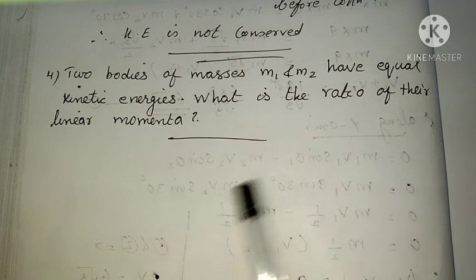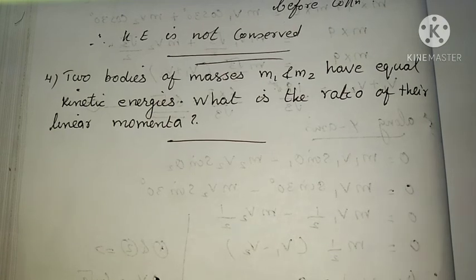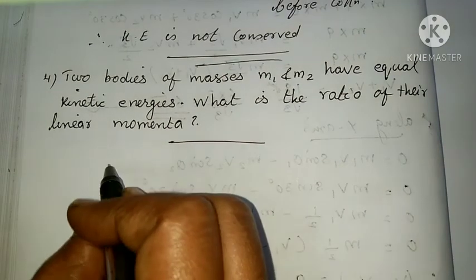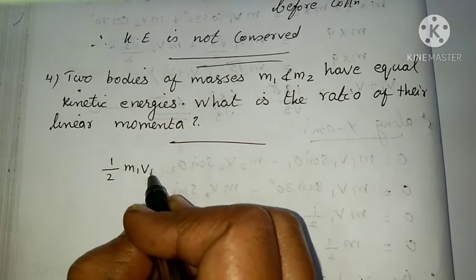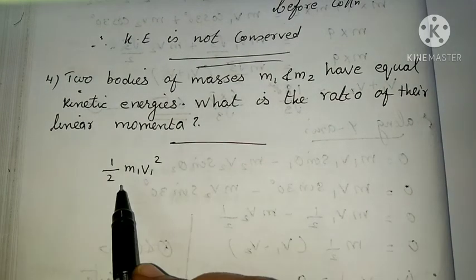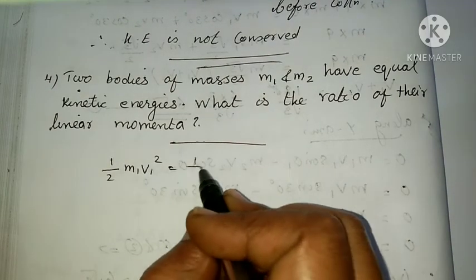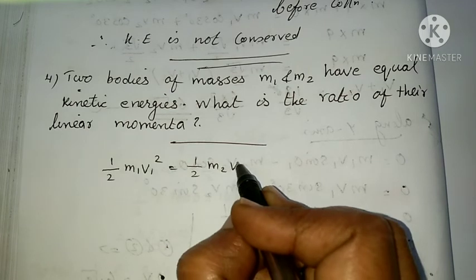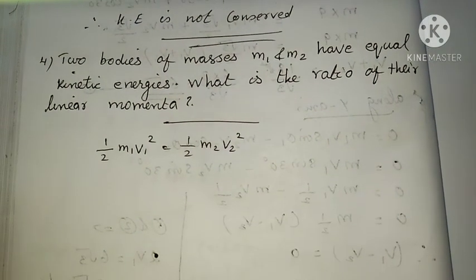What is the ratio of their linear momentum? Here, two bodies of masses m1 and m2 have equal kinetic energies. Therefore, we can write half m1 v1 square, the kinetic energy of the first body, is equal to the kinetic energy of the second body. You want to find out the ratio of their linear momentum.